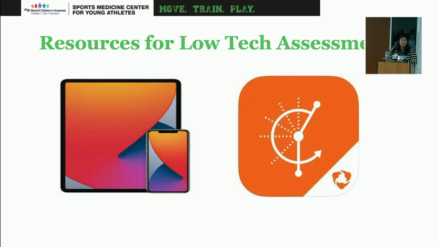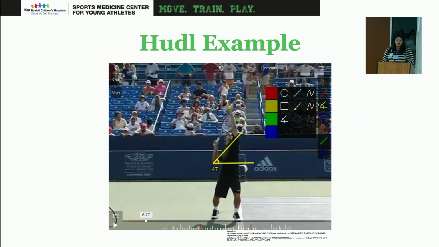And then I have used Hudl Technique pretty consistently in my previous clinical experiences as well. One of the reasons why I really like Hudl Technique is because it gives you an option to measure using one of their features, which is like a goniometer.